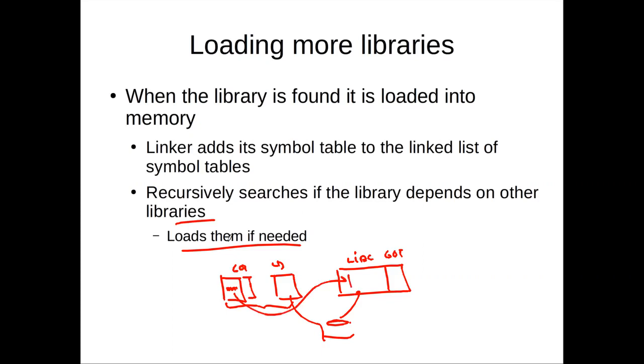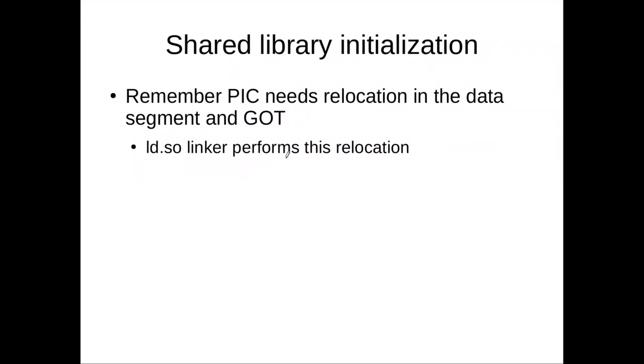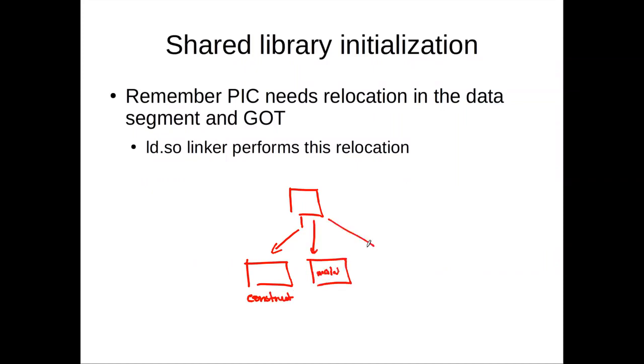Of course, the same hierarchy of constructors will get executed as well, right? So the linker itself does not directly jump to main, but it will descend into executing constructors, then main, and then finalizers later, right?